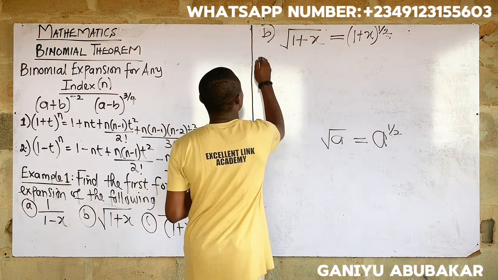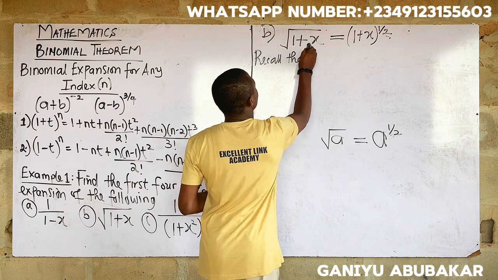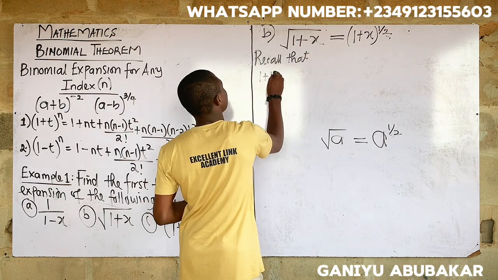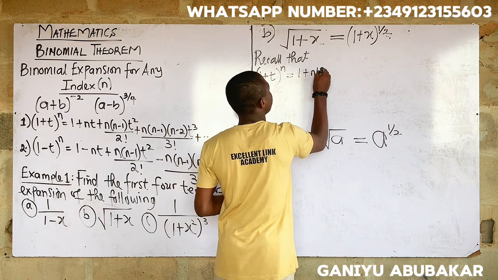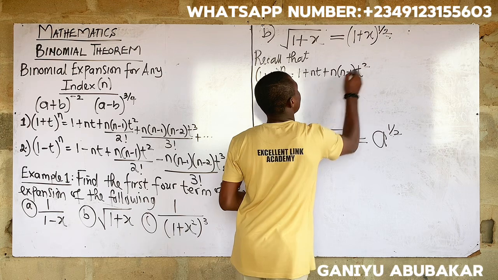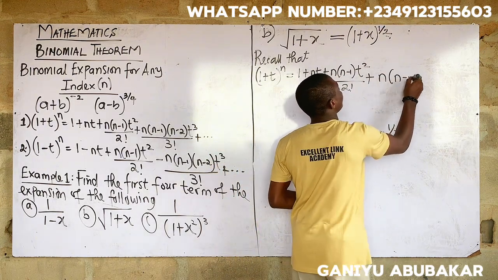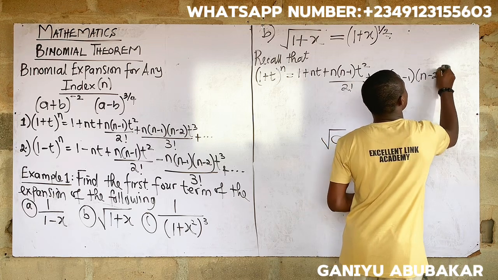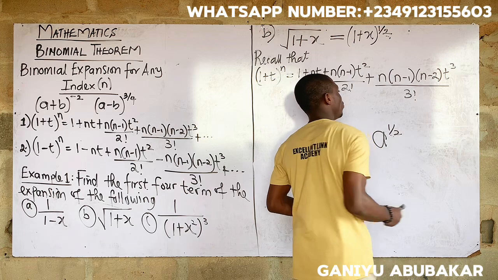I will recall that if I have 1 plus t to power n, it is equal to 1 plus nt plus n into n minus 1 t squared over 2 factorial plus n into n minus 1 into n minus 2 t cubed over 3 factorial. So I have this.